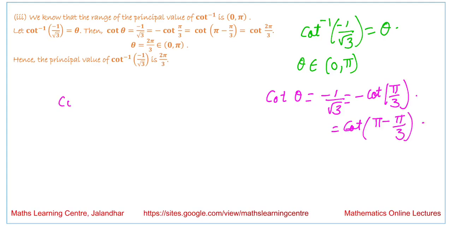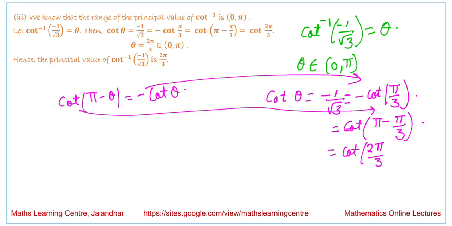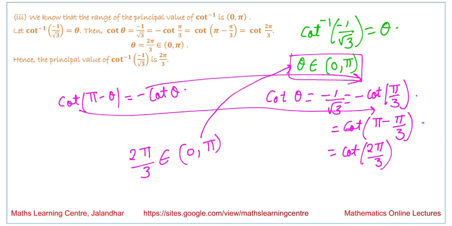The formula we are using is cot of pi minus theta equal to minus cot of theta. So it is equal to cot of 2 pi by 3, and this 2 pi by 3 belongs to the interval 0 to pi. So the principal value of cot inverse of minus 1 by square root 3 is 2 pi by 3.